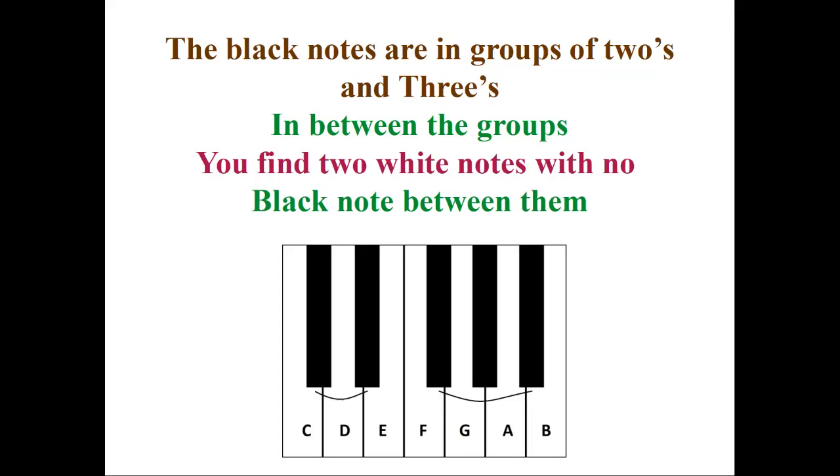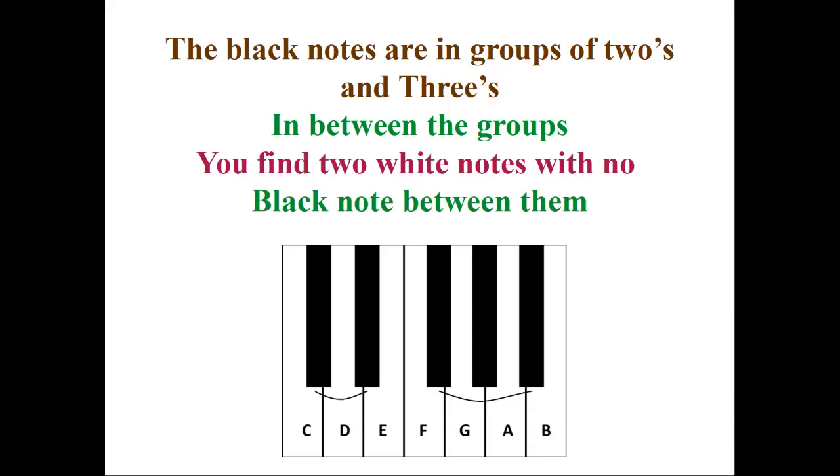And in between the groups of 2s and 3s, you will find 2 white notes with no black note between them. For example, if you look at the picture below, you see E and F. There's 2 white notes that are together, but there's no black note in between them. And you can't see it that nicely here, but between B and C, there's also no black note in between them.